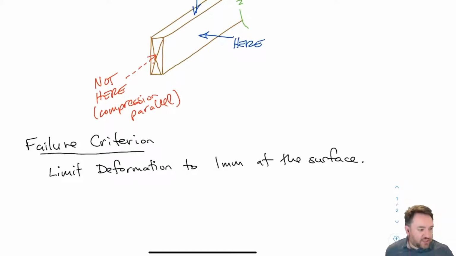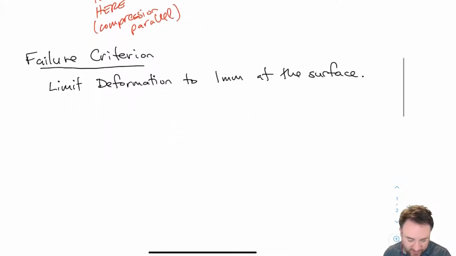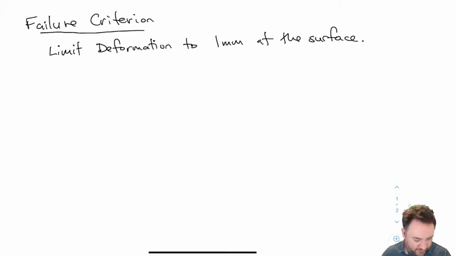So as I just mentioned, our deflection criterion is a limit to the deformation, and the limit on that deformation is actually 1 millimeter. This seems a bit arbitrary, but this makes sure that all the bearing surfaces don't have any significant movement under their design loads. So I'm going to draw exactly what this looks like.